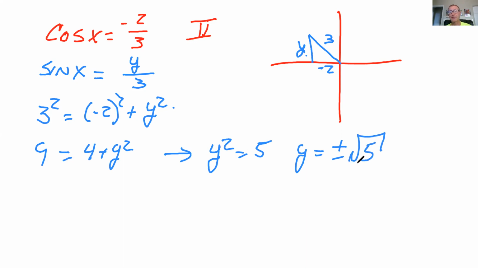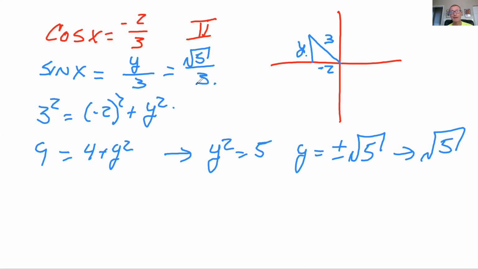And then you say to yourself, I'm in quadrant 2. Quadrant 2 implies y is positive. So in this case, our answer is going to be positive square root of 5. So we go back up here, and the sine is square root of 5 over, excuse me, not 2, but 3.